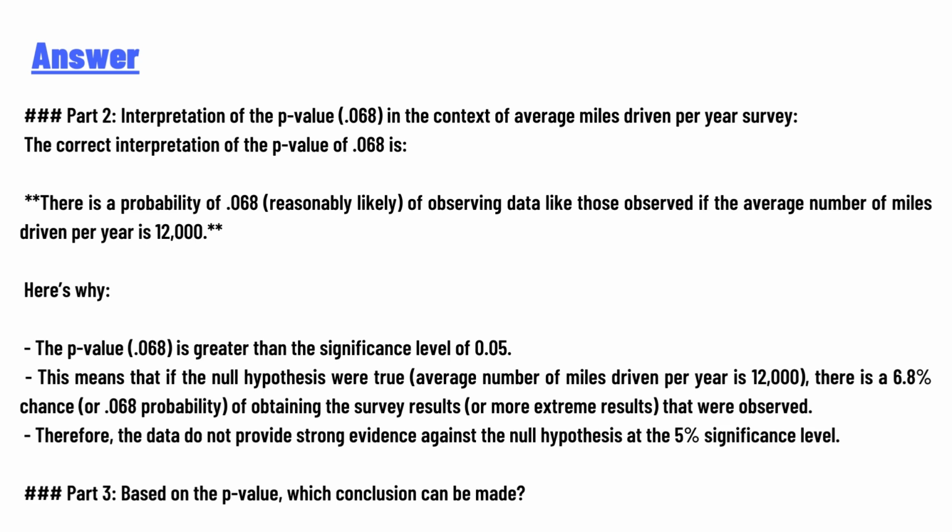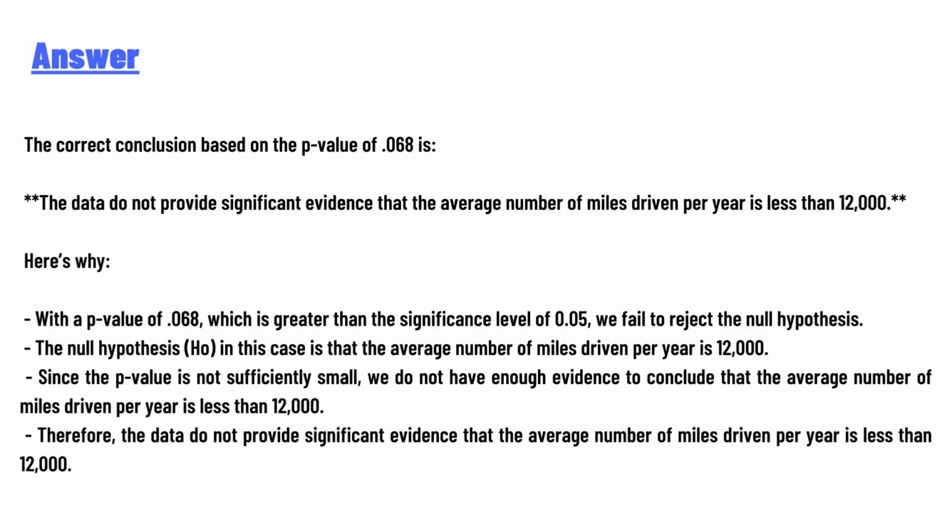Part 3: based on the p-value, which conclusion can be made? The correct conclusion based on the p-value of 0.068 is: the data do not provide significant evidence that the average number of miles driven per year is less than 12,000. Here's why: with the p-value of 0.068, which is greater than the significance level of 0.05, we fail to reject the null hypothesis.